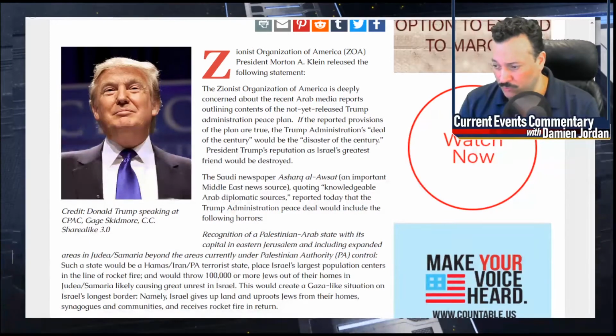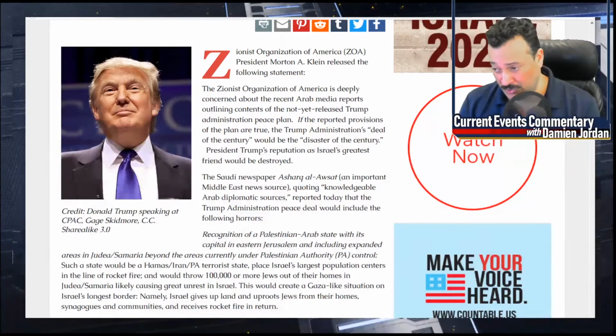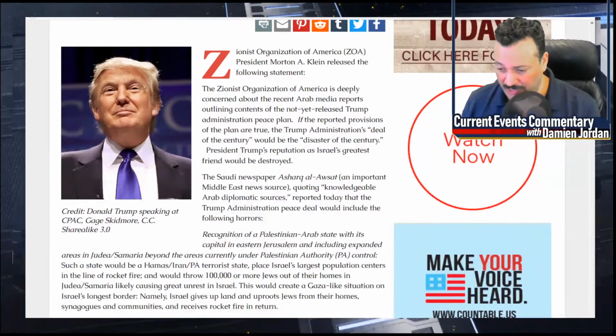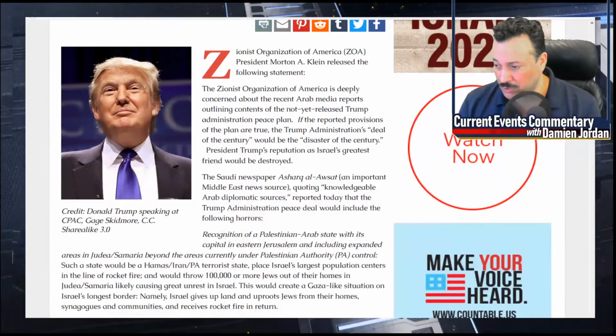If the reported provisions of the plan are true, the Trump administration's deal of the century would be the disaster of the century. I'm not going to say air quotes every time I read a phrase that's in quotes. I'm just going to read it. President Trump's reputation as Israel's greatest friend would be destroyed.